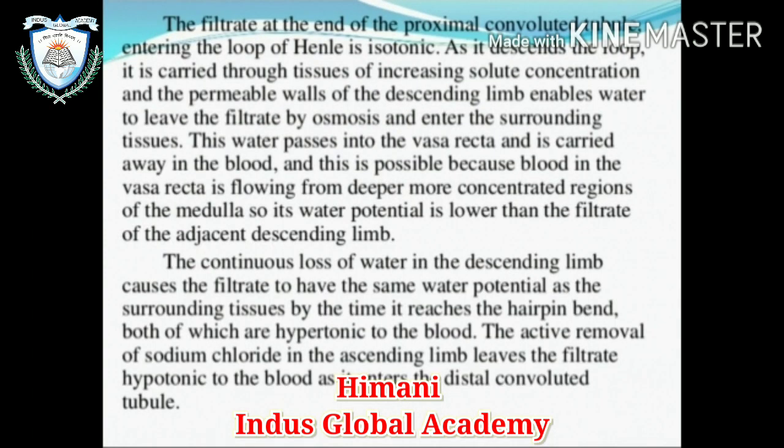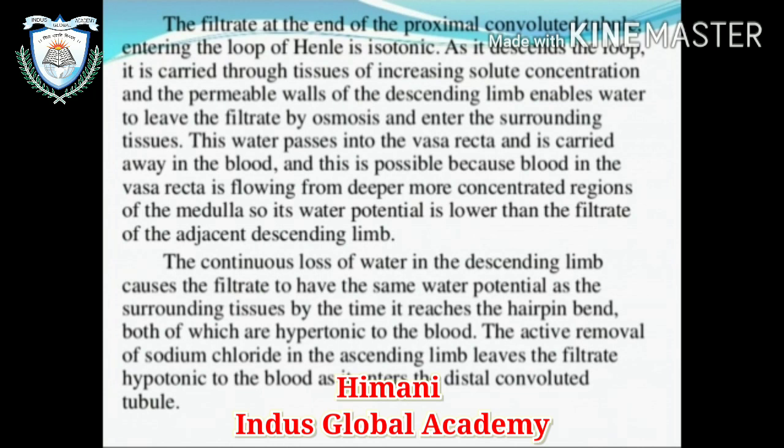Then the filtrate at the end of the PCT entering the loop of Henle is isotonic. As it descends the loop, it is carried through tissue of increasing solute concentration, and the permeable wall of the descending limb enables water to leave the filtrate by osmosis and enter the surrounding tissue.